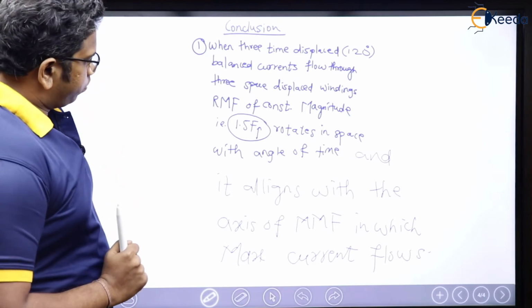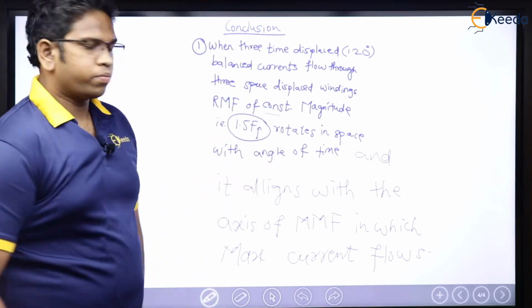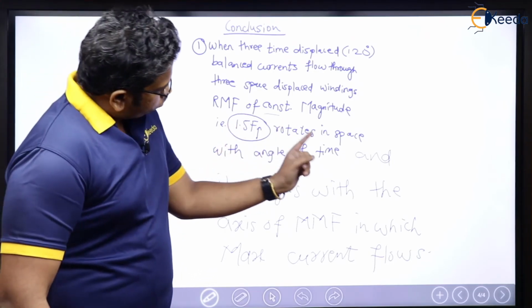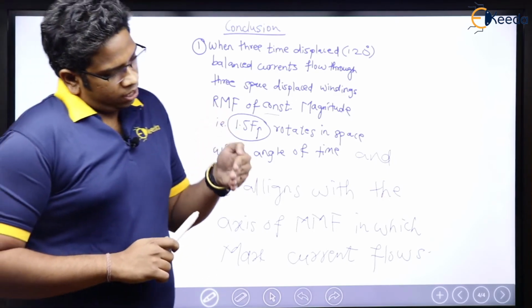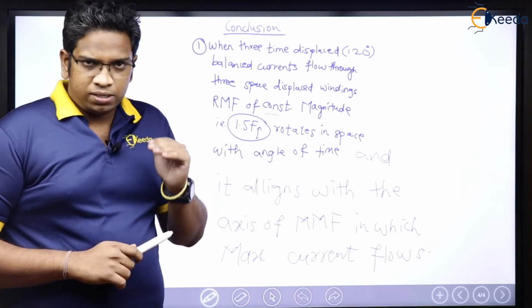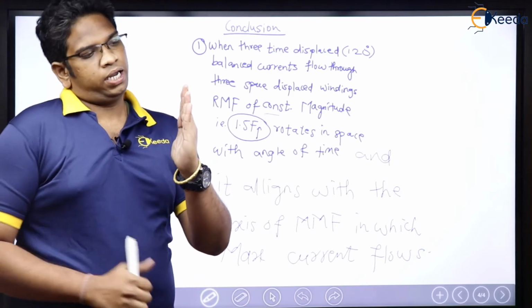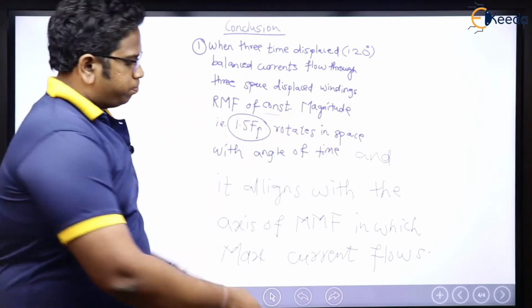But now see here, very important thing. It will have a constant magnitude, that is 1.5 times F max. We know that it rotates in space with angle of time. We have understood why, because from IA maximum to IB maximum, this is the way, and it is IB maximum, you have to wait for 120 degrees in time.